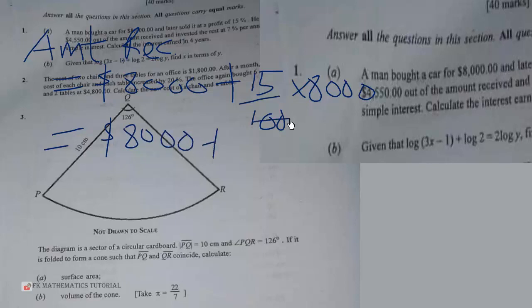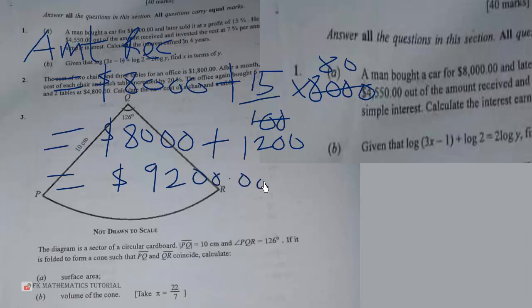This will go here 80 times. Then 80 times 15 will be 1,200. So the amount he received was $9,200.